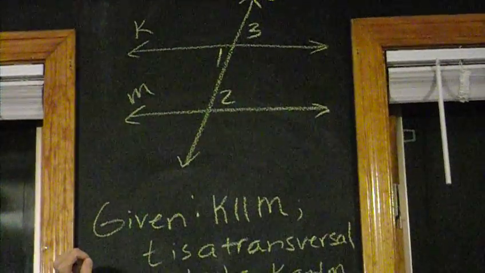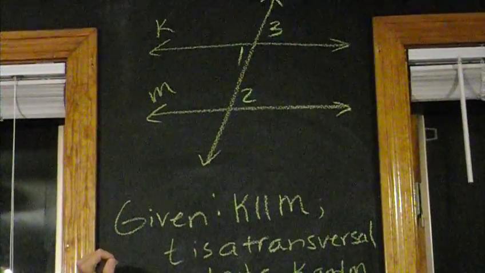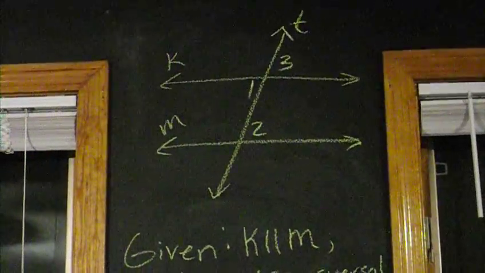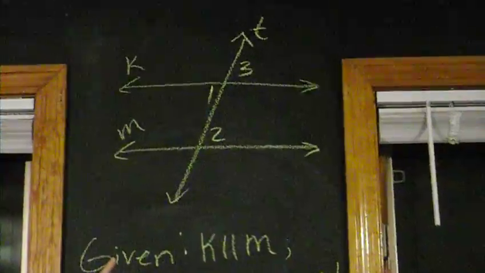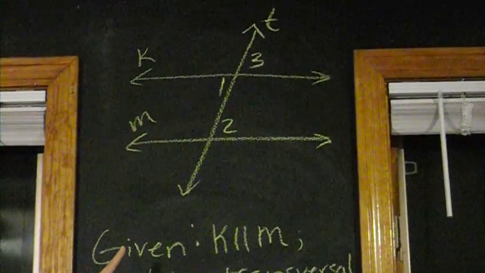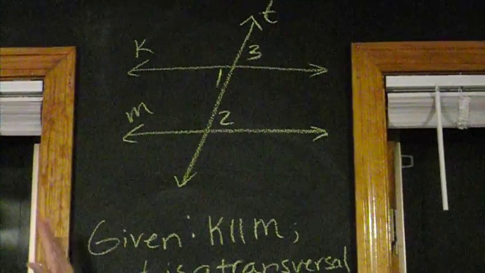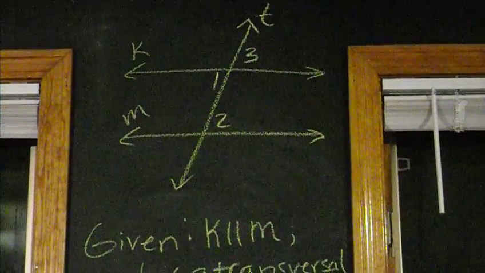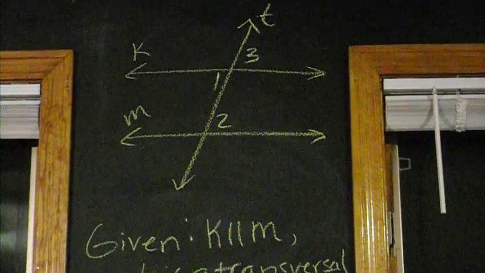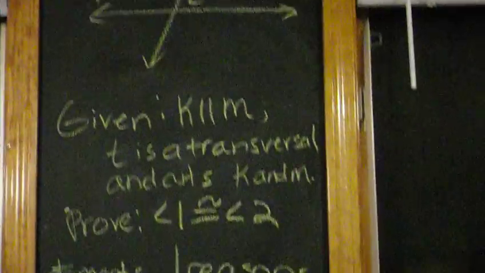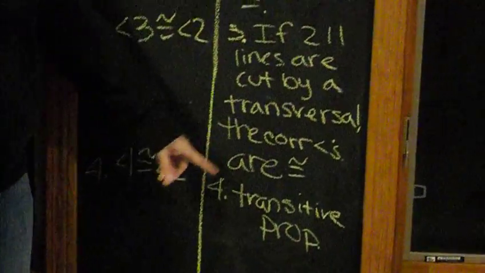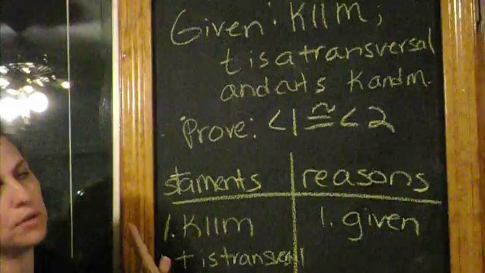By postulate 10, if two parallel lines are cut by a transversal, then corresponding angles are congruent. 3 and 2 are corresponding angles, so those are congruent. Therefore, since 1 is congruent to 3 and 3 is congruent to 2, with the same angle in the middle, 1 is congruent to 2 by the transitive property. We just proved Theorem 2-2.